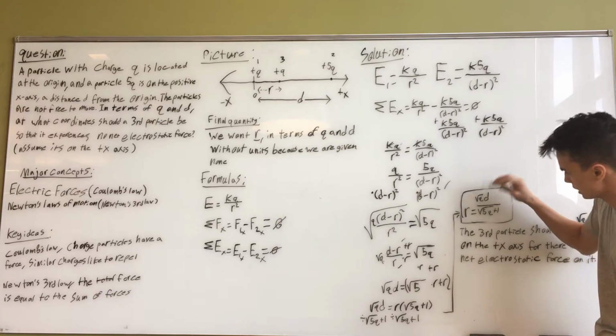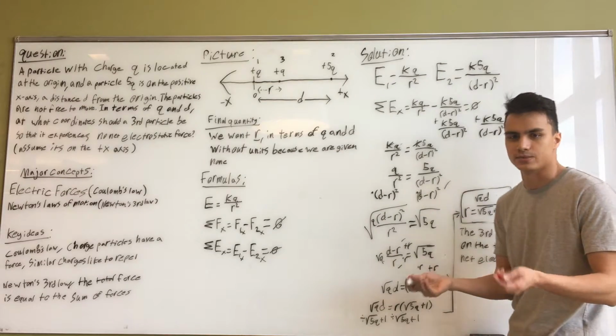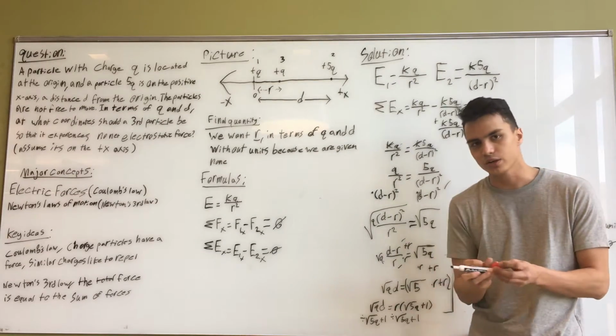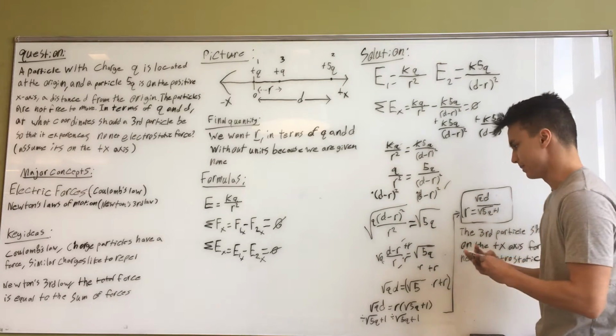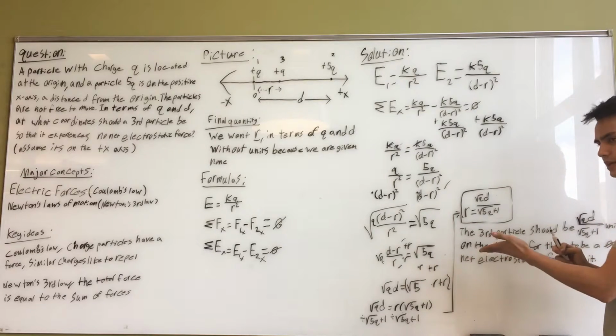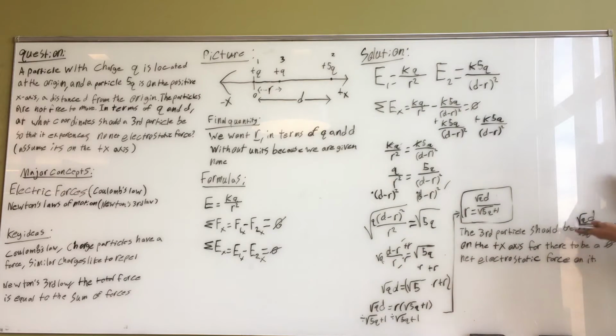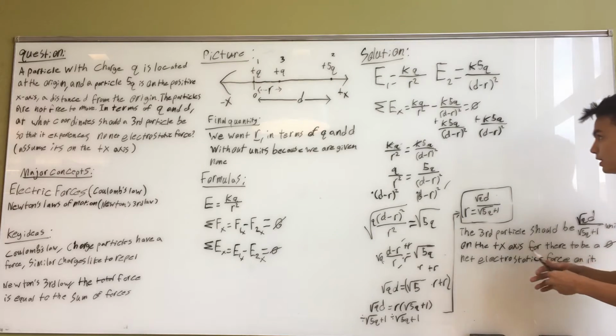Of course, we could cancel out these root q's here, but we want it in terms of q, so we're going to keep it that way, because q could be anything, it could be 1, 2, 3, 4, or 5, so we're just going to keep it there. So that means the third particle should be placed at root q times d over root 5q plus 1 units, because we don't really have any units to apply, on the positive x-axis, to have a zero net electrostatic force on it.